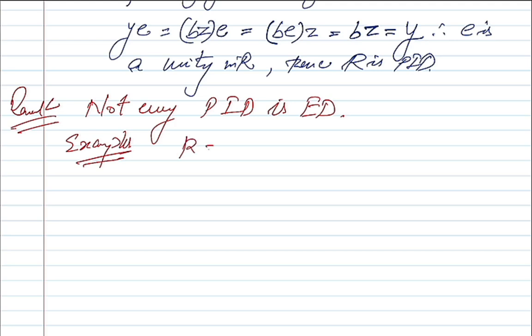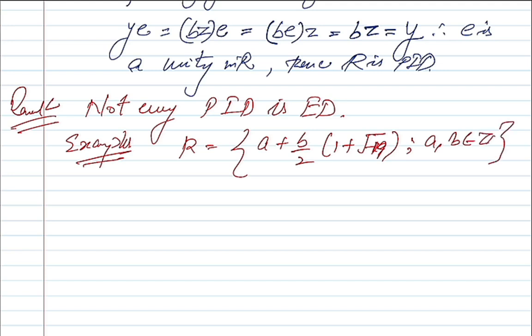Consider the ring of A plus B times (1 plus square root of minus 19) by 2, where A and B are integers. This is PID but not ED. The proof is not very easy to show, so you can just remember it.